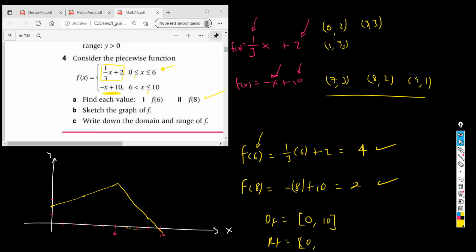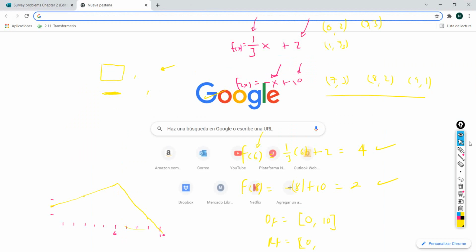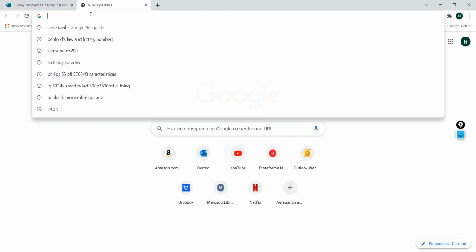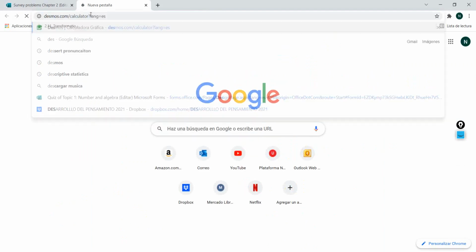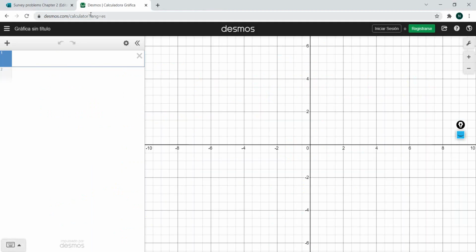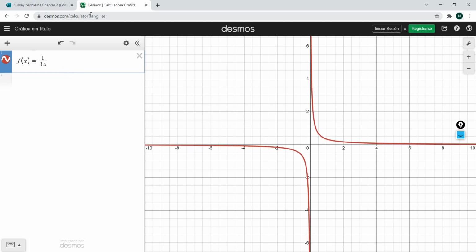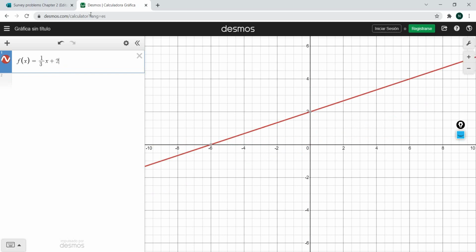1/3 of x plus 2. Okay, and the other part of the function is minus x plus 10, right?